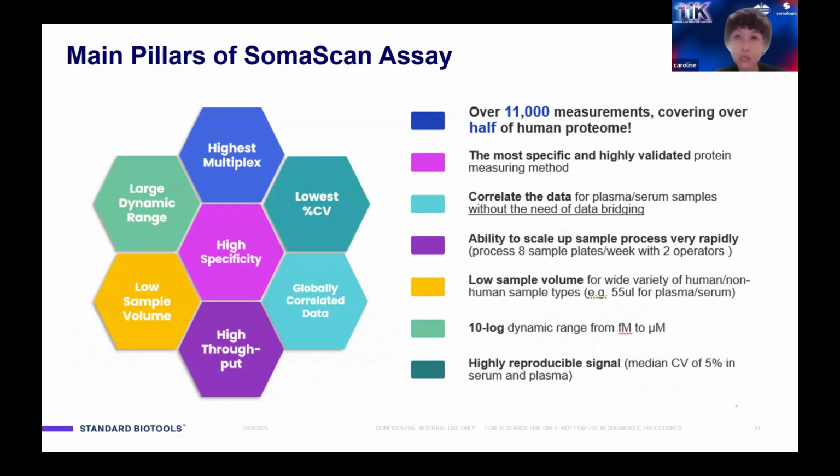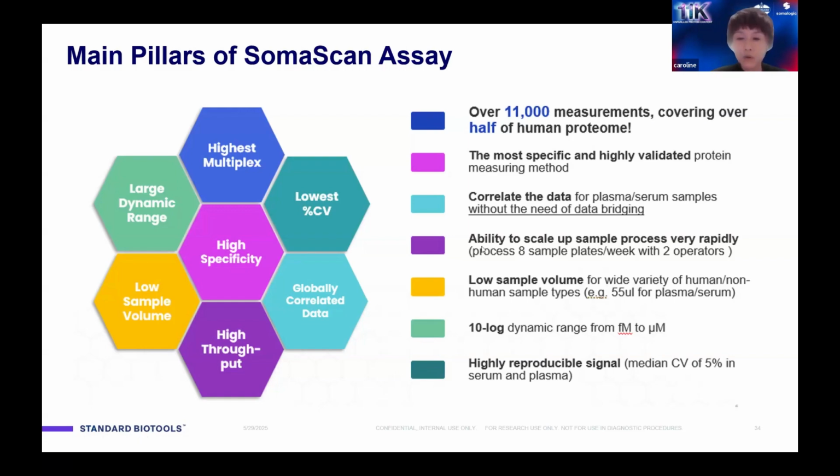You can run your samples now, and if you have more samples to add on in the future, you can just add them on and combine the normalized data together without needing bridging samples. Obviously, our assay is highly stable and reproducible, with a median CV of 5% in human plasma and serum.